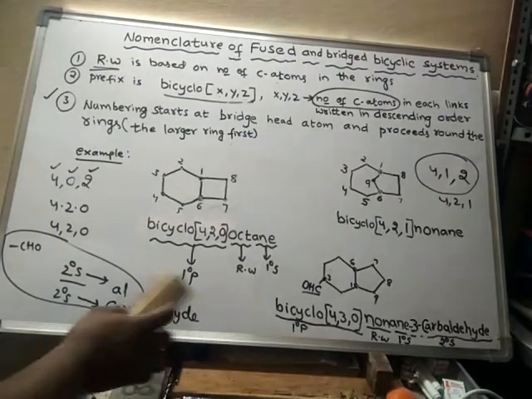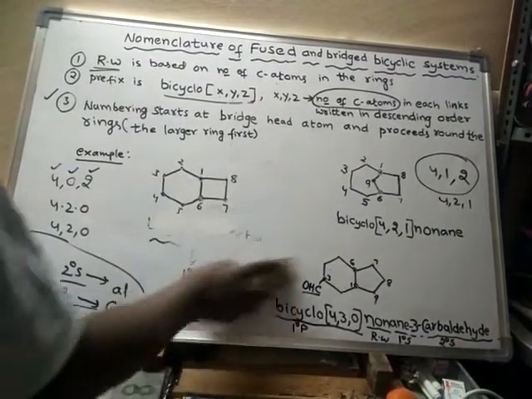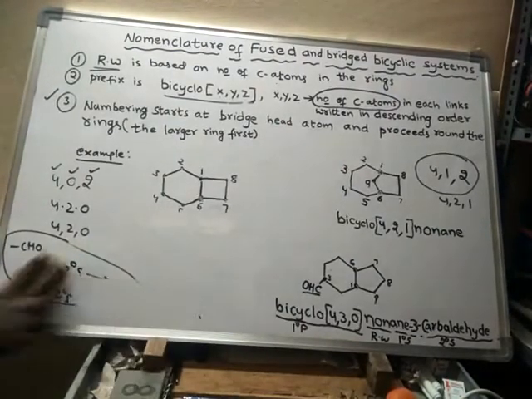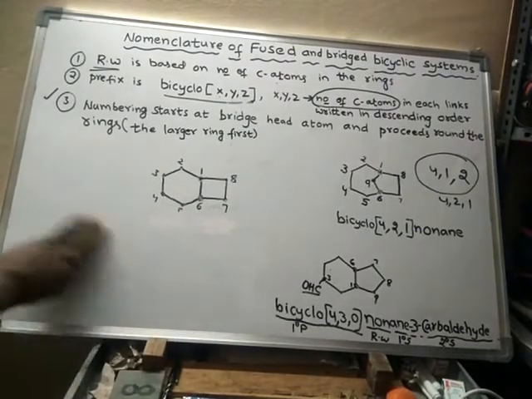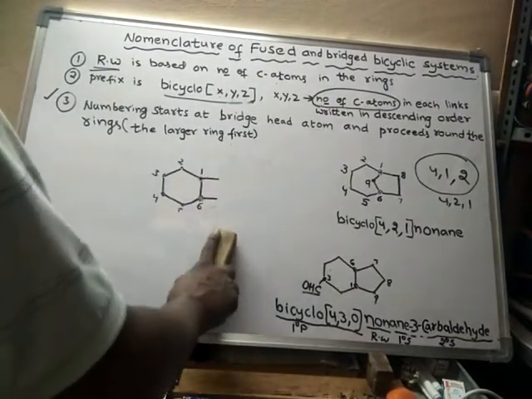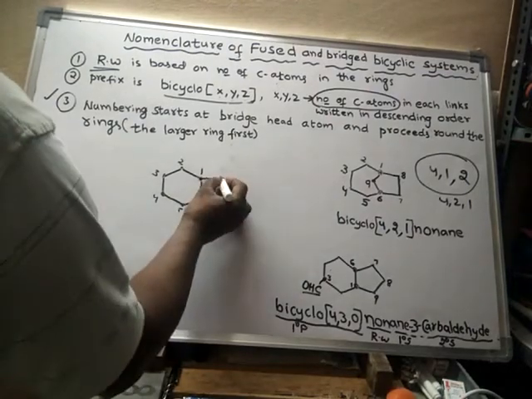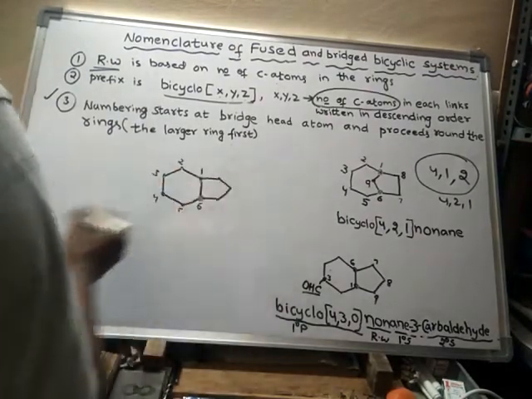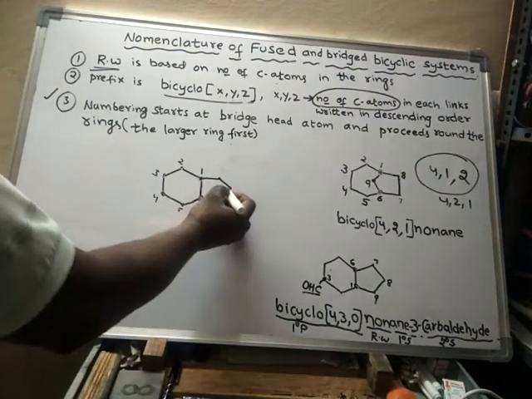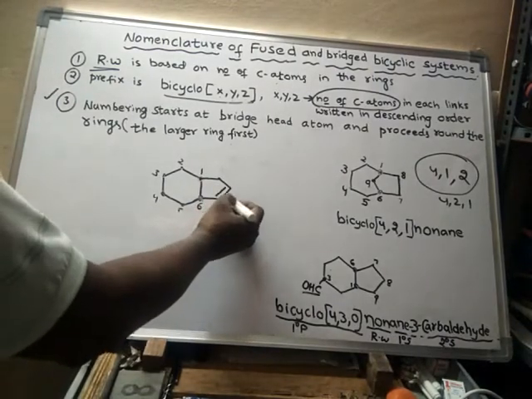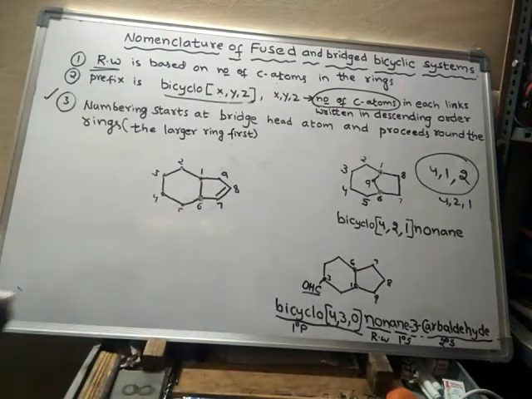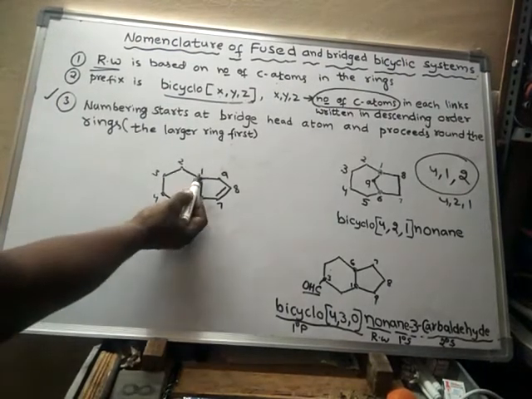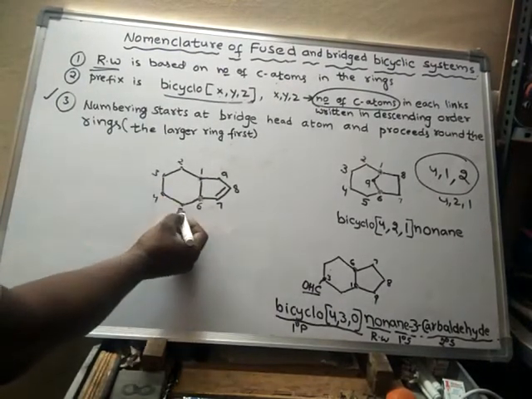So what is the name of this compound? 1, 2, 3, 4, 5, 6.